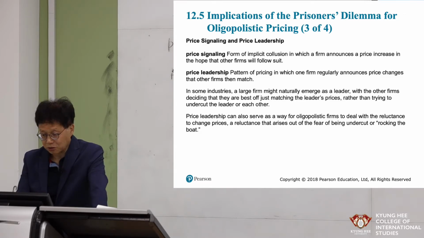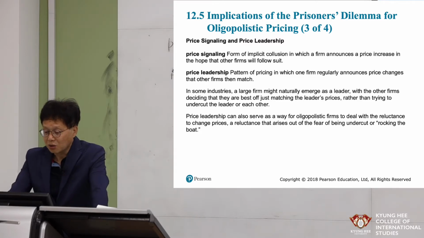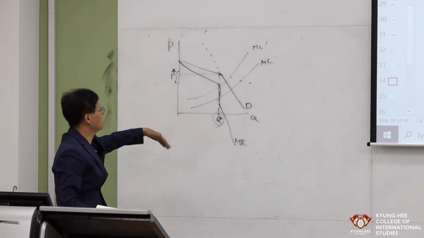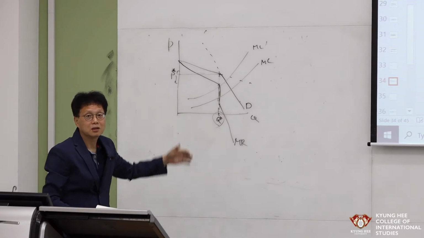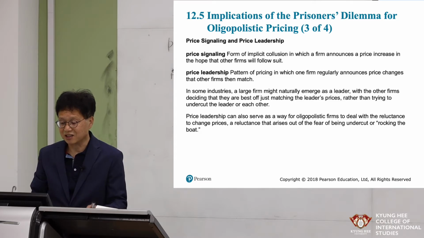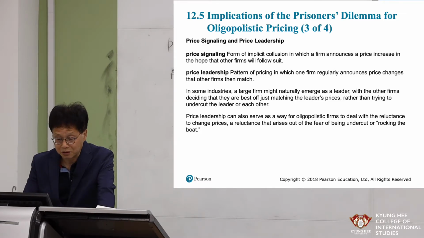Price leadership can also serve as a way for oligopolistic firms to deal with their reluctance to change prices, a reluctance that arises out of fear of being undercut or rocking the boat, right? So if one firm increases price and other firms don't follow suit, then sales decrease greatly. Okay?